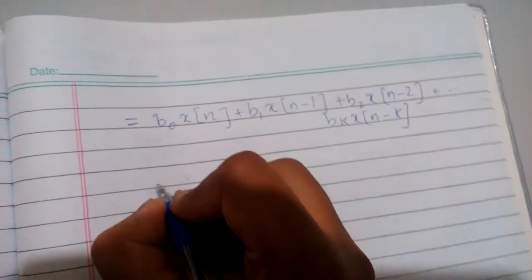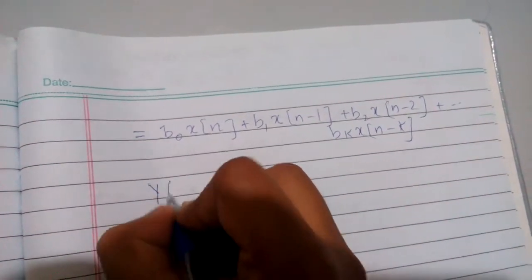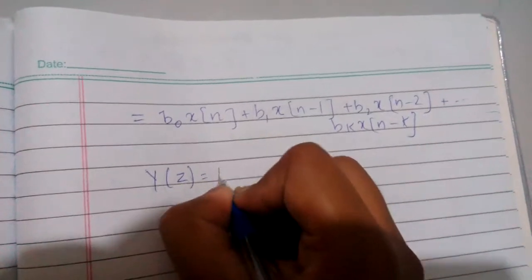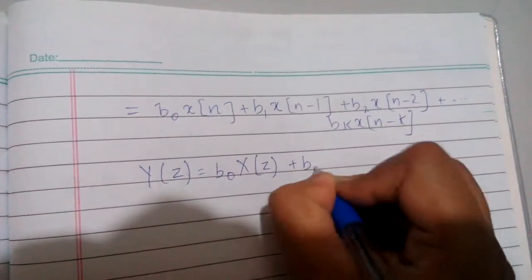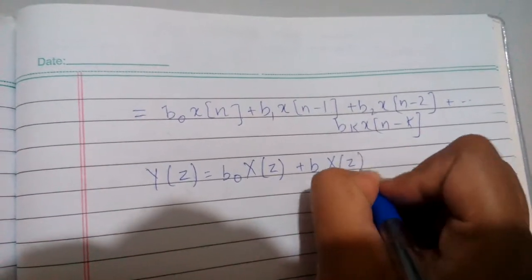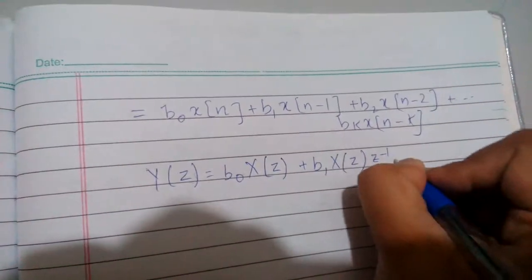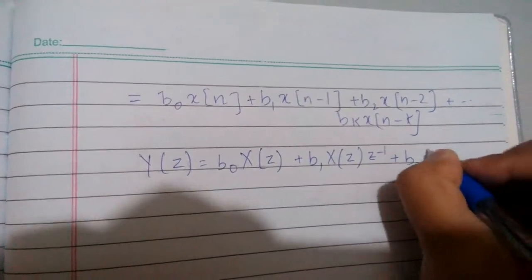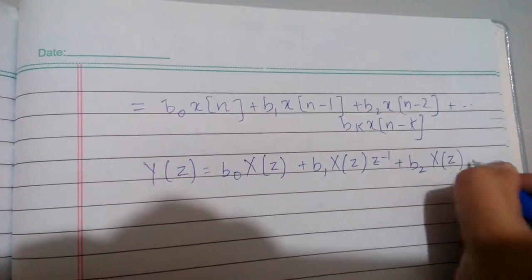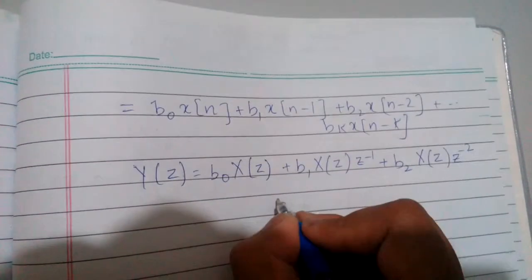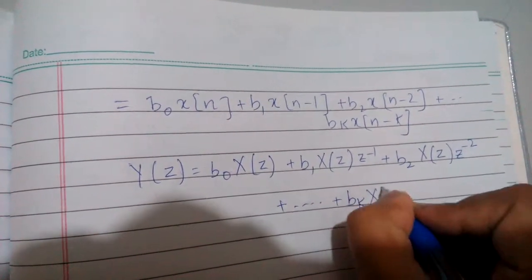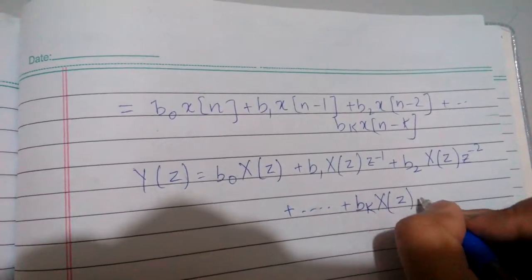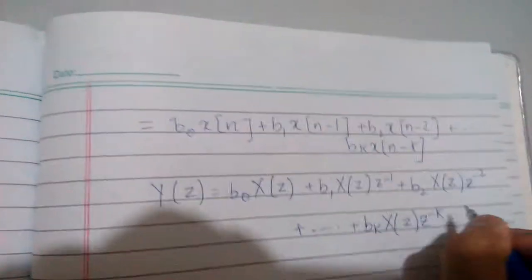Apply z transform here. It gives y of z is equal to b0 x of z plus b1 x of z raised to power minus 1 plus b2 of x of z into z raised to power minus 2, and so on, up to bk of x of z raised to power minus k.